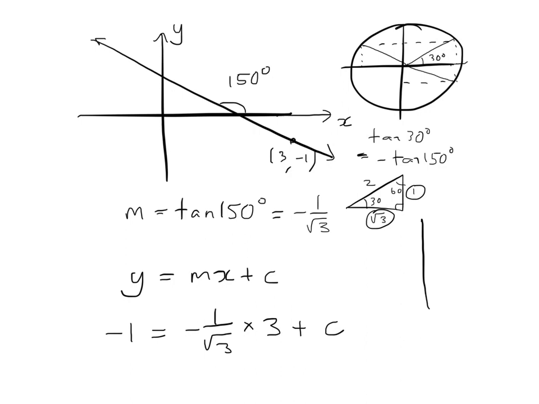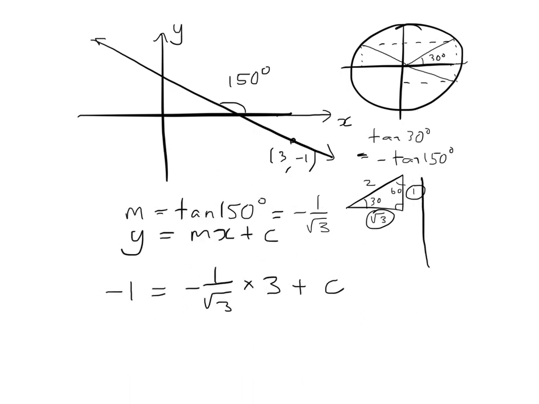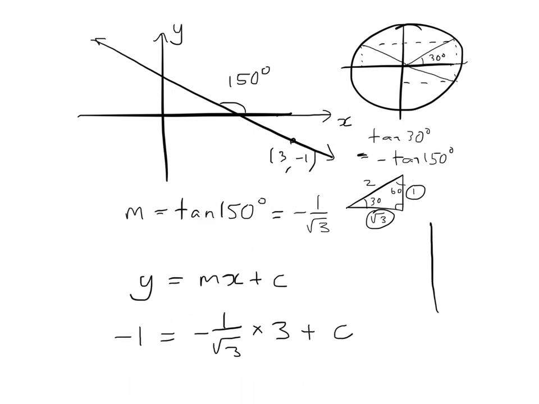So therefore, just going to finish that off. So I can say -1 plus 3 over √3 is c. So therefore, we've got y equals -1 over √3 x, -1 plus 3 over √3.